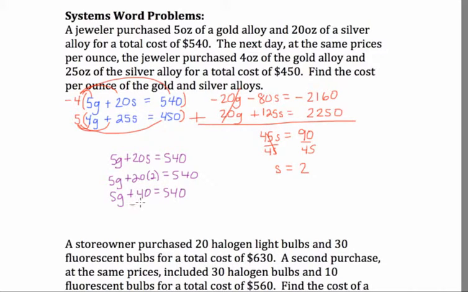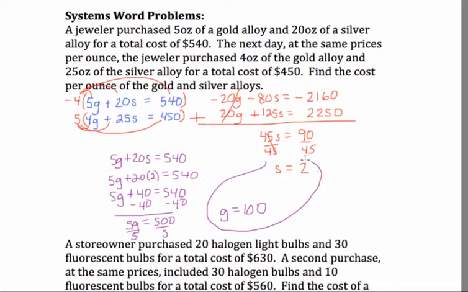And solve for G. So silver is $2 an ounce, gold is $100 an ounce.